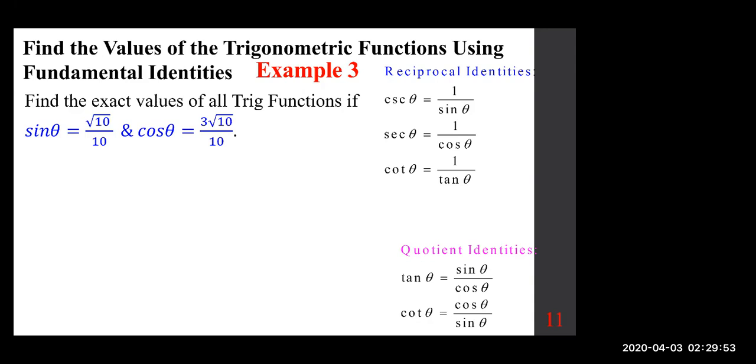The identities that you see, we've seen them, you're comfortable with those, and we're going to use them to evaluate this. I'm going to give everybody about a minute to see if you can figure out where sine is given and cosine is given, and we want to figure out the rest of them.